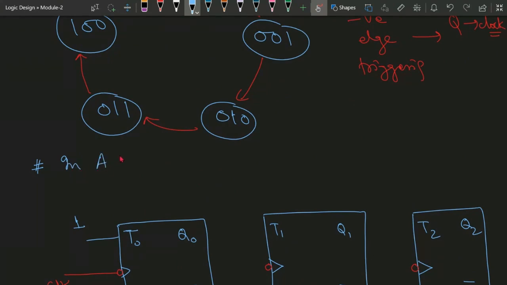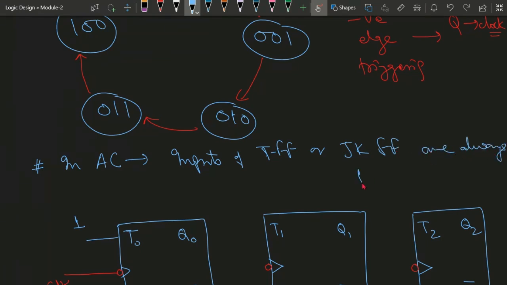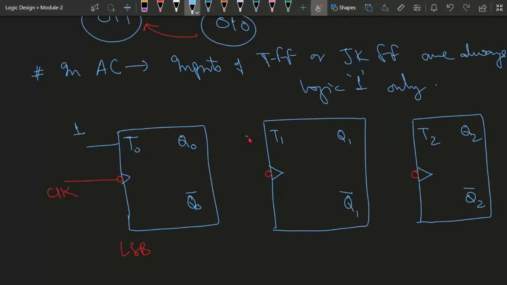In asynchronous counters, inputs of the T flip flop or JK flip flop are always logic 1 only. Because when T is 1 or JK is 1, only then will it work in toggle mode. So the input will always be 1 for all the flip flops.